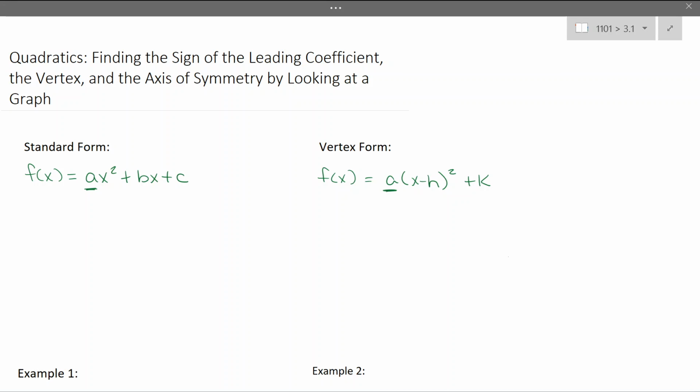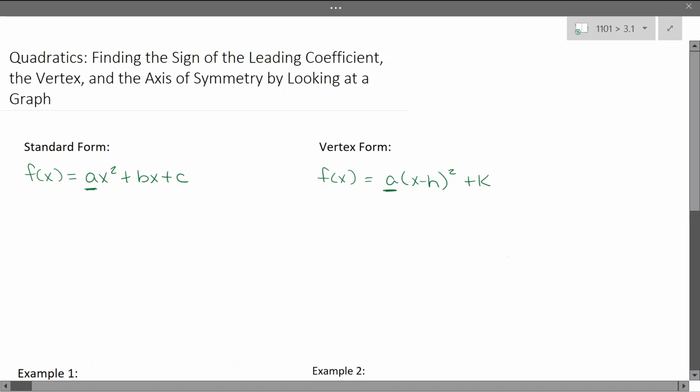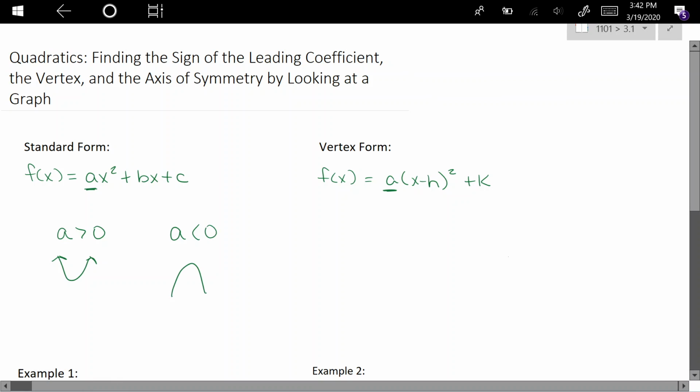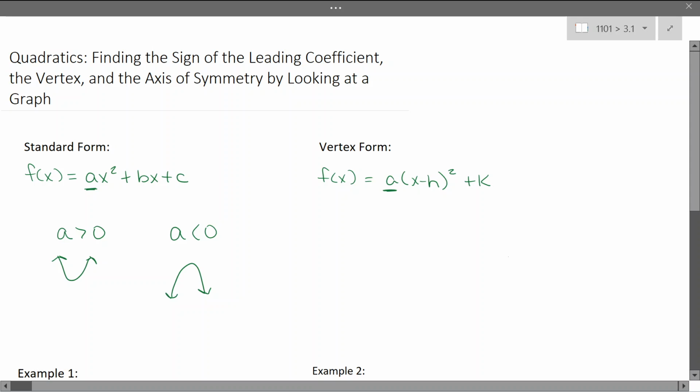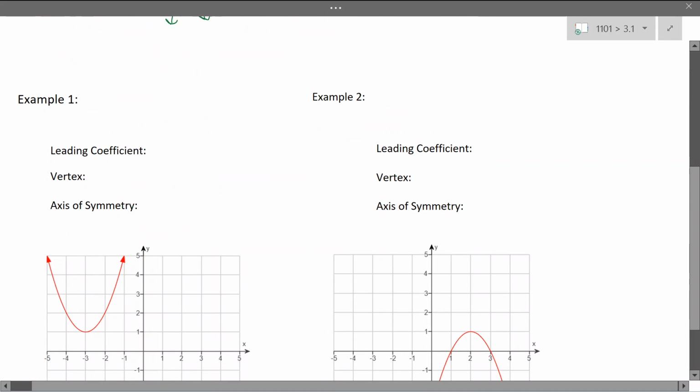Now let's look at what the sign of the leading coefficient tells us. It tells us how our parabola is going to open. If a is positive, then our parabola opens upward. And if a is negative, then our parabola opens downward. Let's look at a couple of examples.